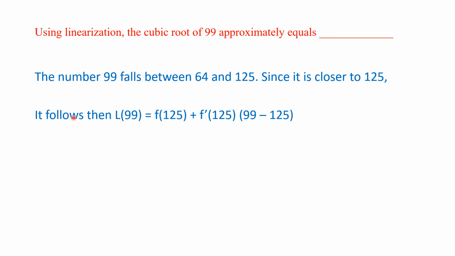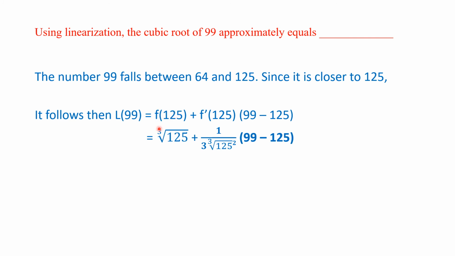It follows then that x is 99. L of 99 equals f of a, where a is 125, so f of 125 plus f prime of 125 multiplied by x, which is 99, minus a, which is 125.